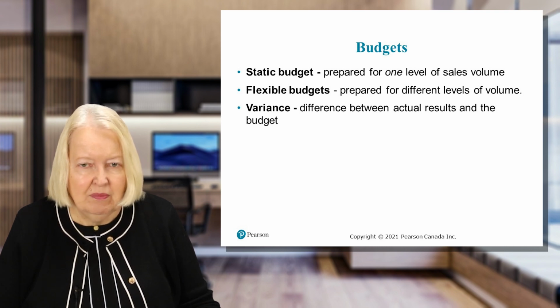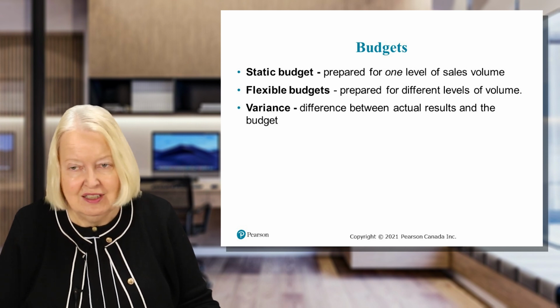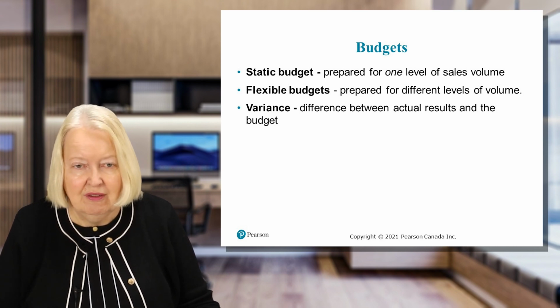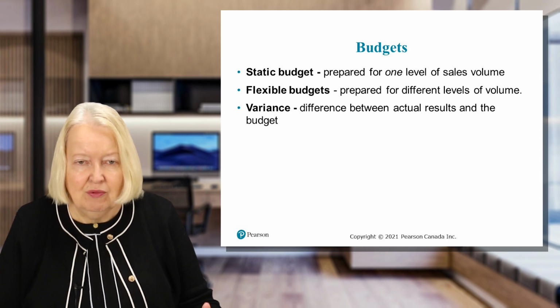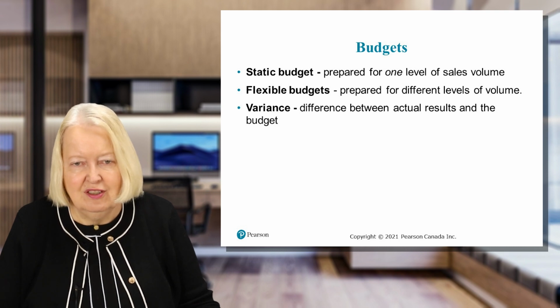So you would prepare a budget based on maybe selling only 6 pools or maybe selling 10 pools. So you have some range of possible outcomes as to what your cost might be. And of course the variance is the difference between the actual results and the budgeted cost.